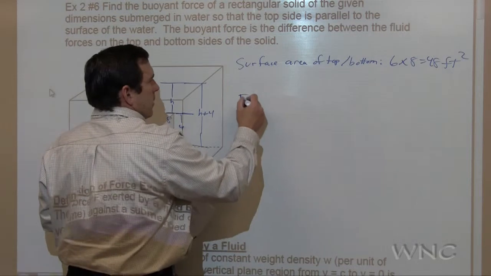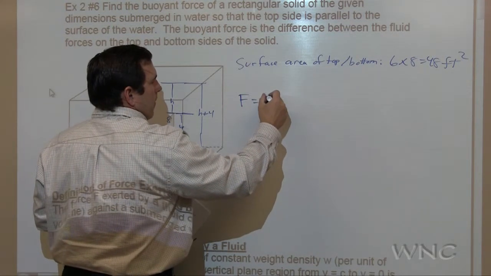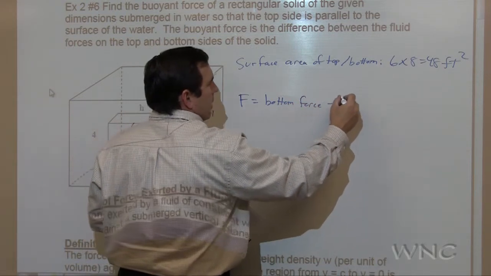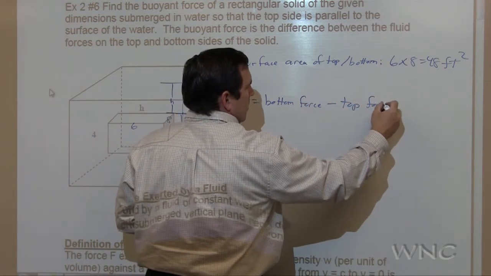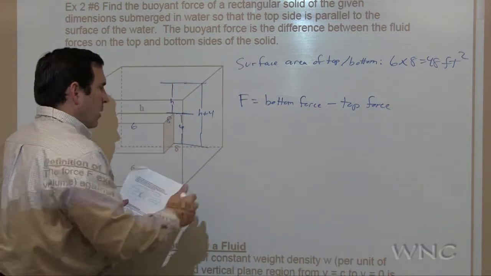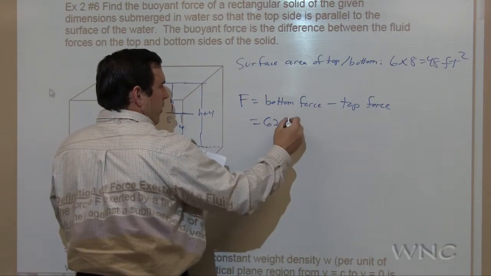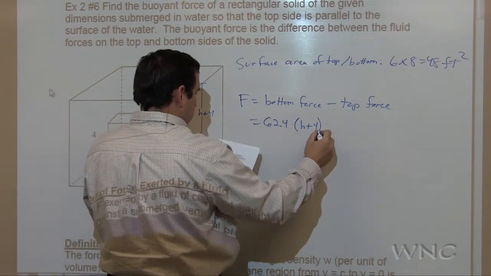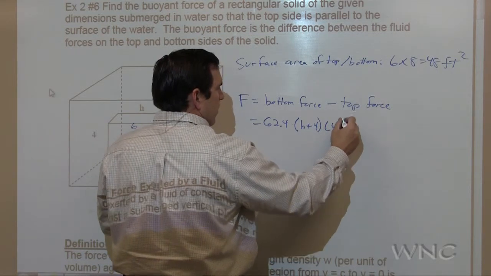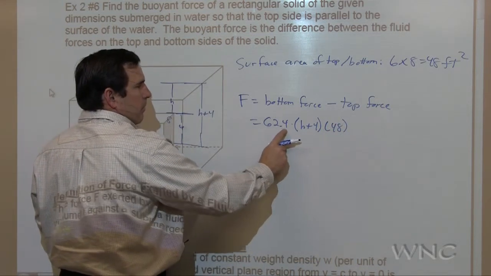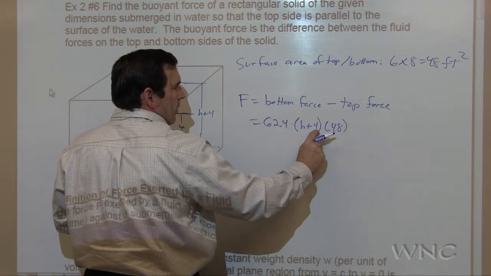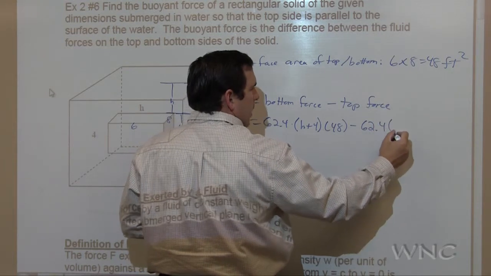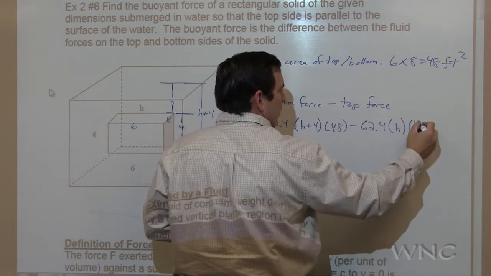So the force is going to be the bottom force minus the top force. So that's going to be 62.4 times h plus 4 times 48. So water's density, the depth, surface area of the bottom, minus 62.4 times h times 48.